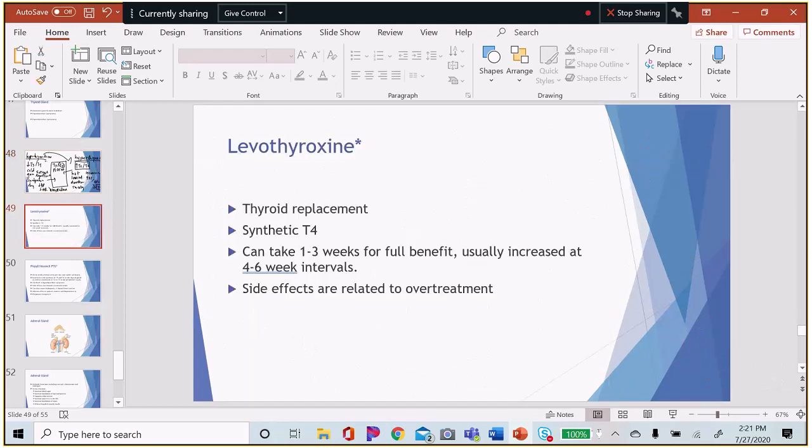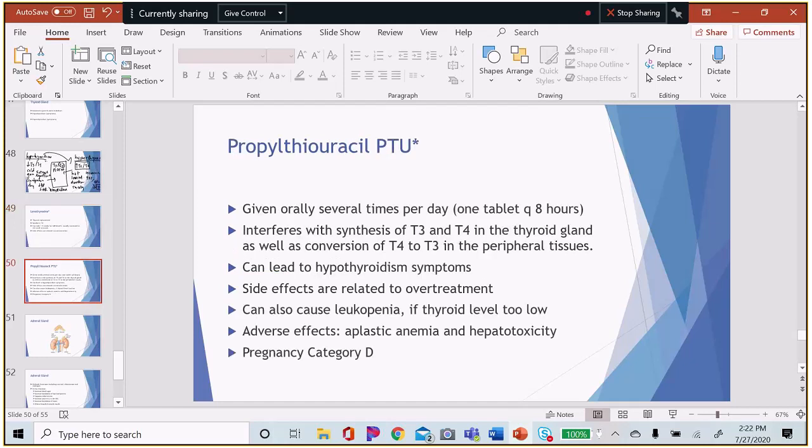So on the test, the question could be, what are the side effects, or how will you know the patient isn't getting enough thyroid hormone? Well, they would still have the symptoms of hypothyroidism. How do I know they're getting too much thyroid hormone? Well, they'll then start to have symptoms of hyperthyroidism, and we want to keep that in a balance. So that one is a little easier to understand.